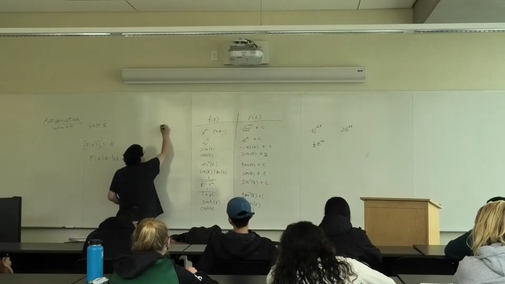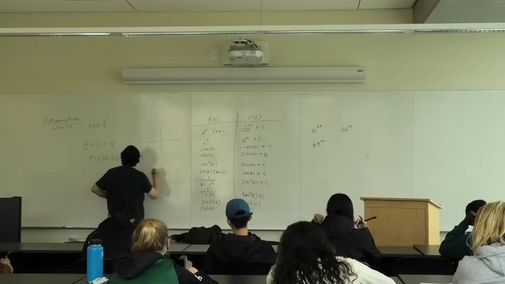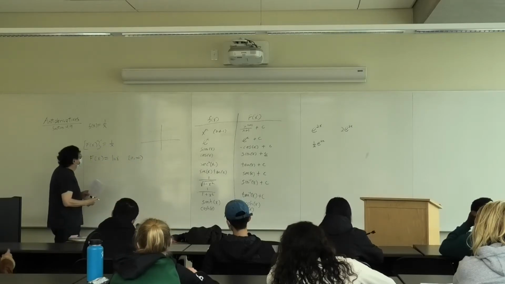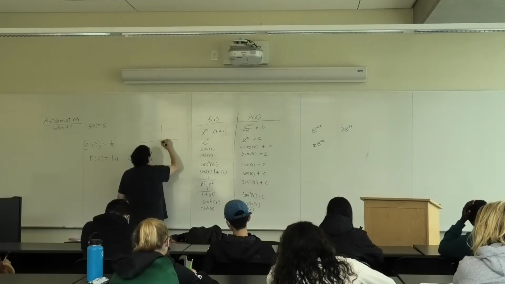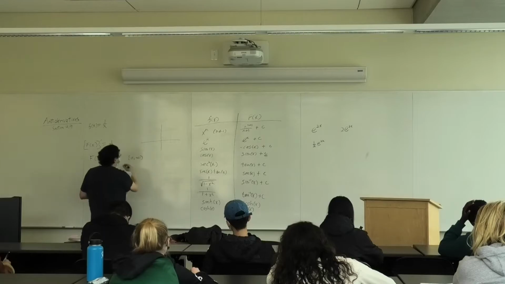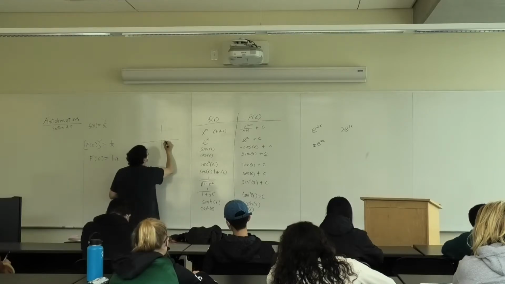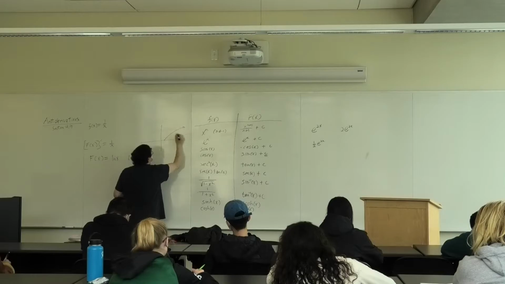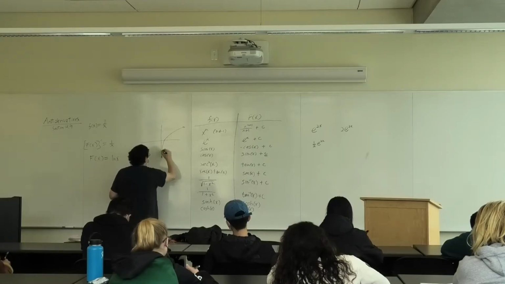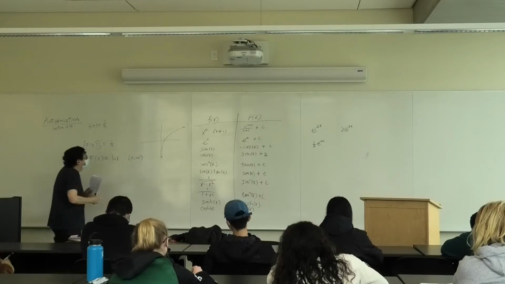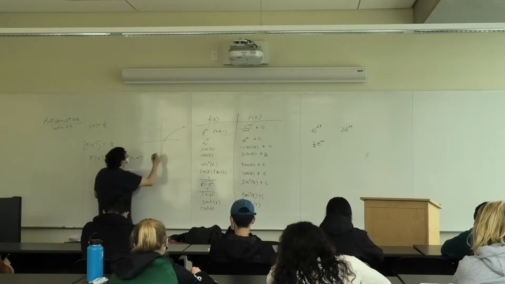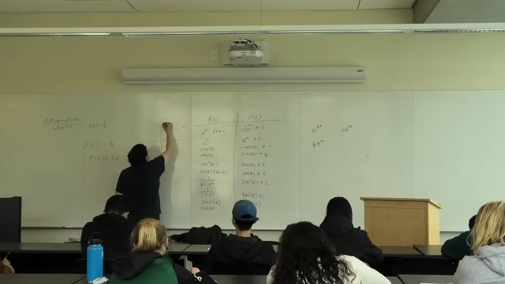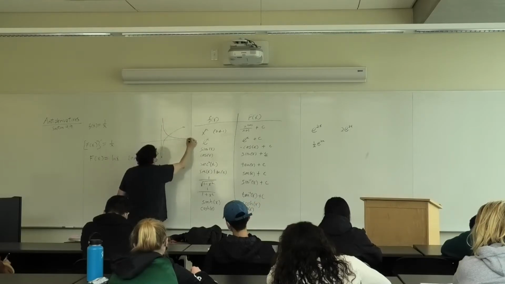Maybe a little diagram would help here. So the log of x, the log of 1 is 0. It's going to kind of go like this. And its derivative is going to go like this.